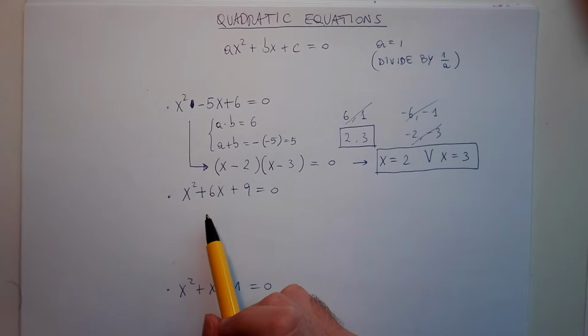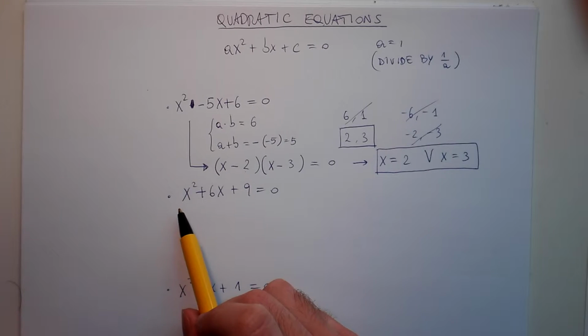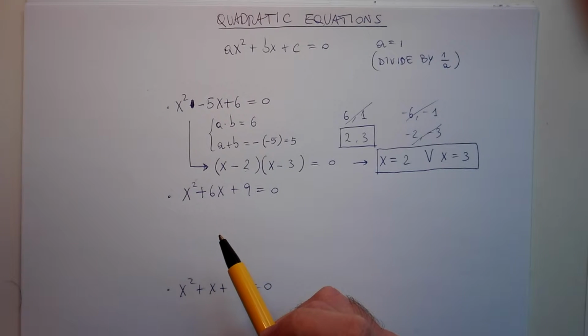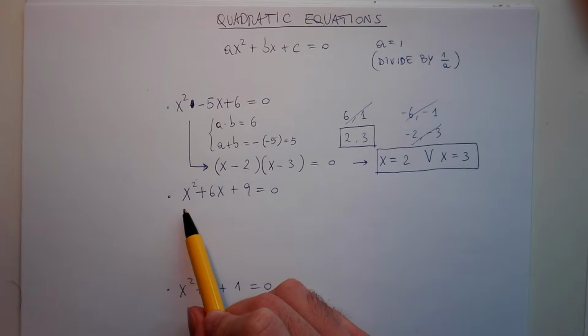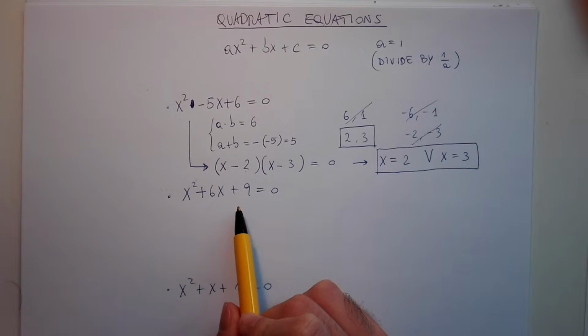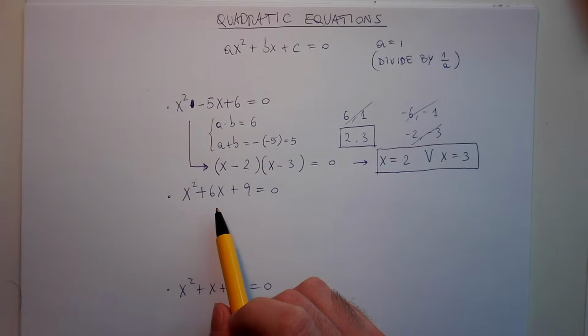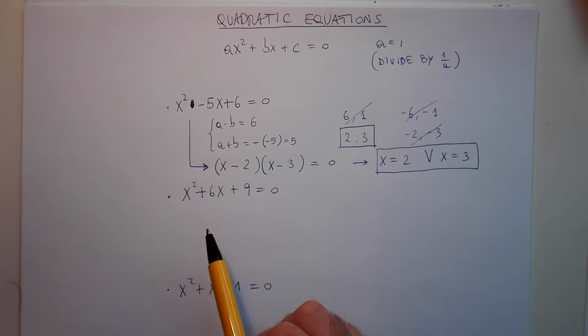Okay, now let's see this example. Here we have a few possibilities. We can either use the formula with the delta, or we can immediately see that this is actually a square, or we can apply this method.